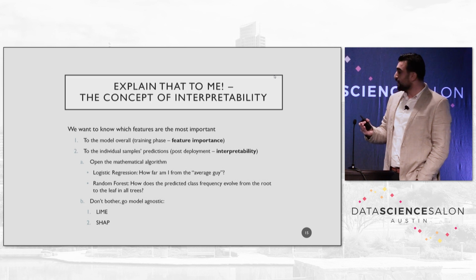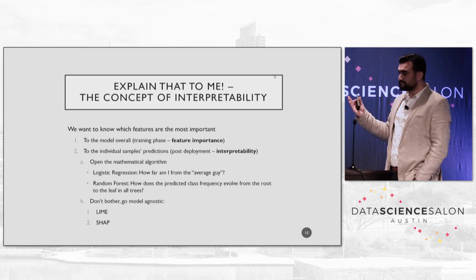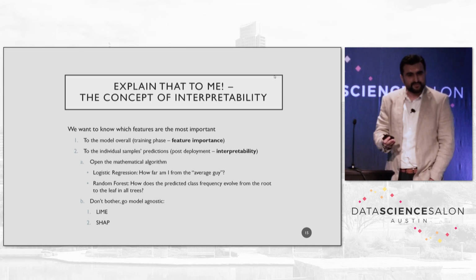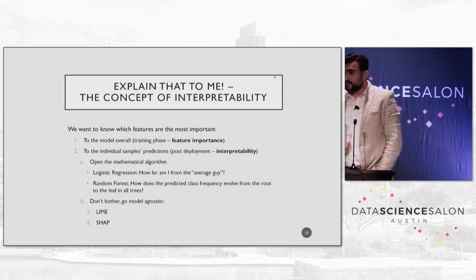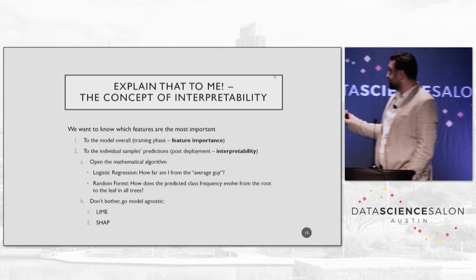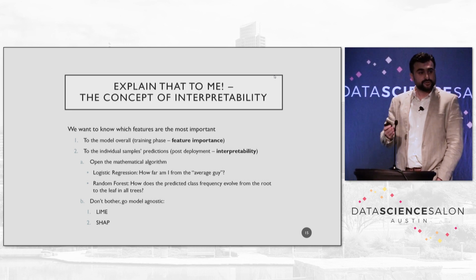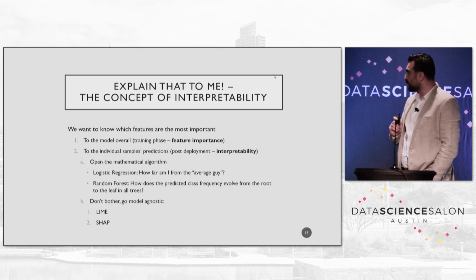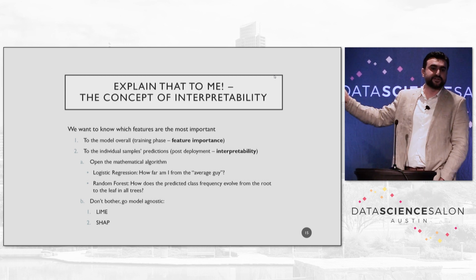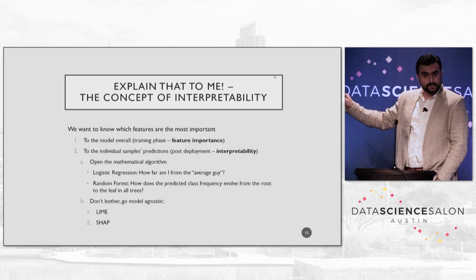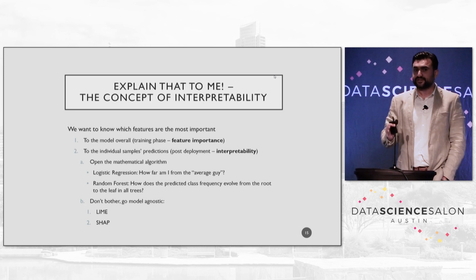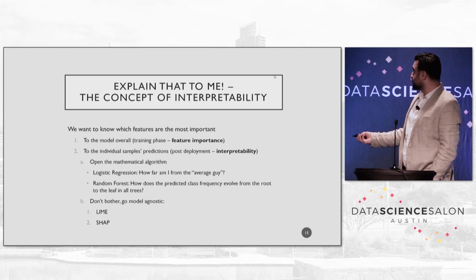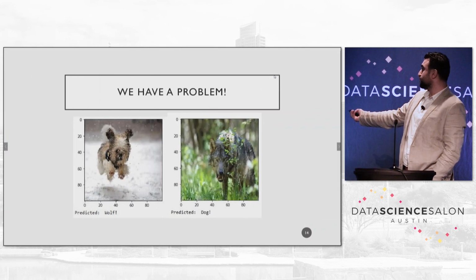This tells us a story about the training phase, which attributes were the most useful. This is the feature importance or attribute relevance analysis or whatever you want to call it, right? This is not what we're interested in. We don't really care about this. We care about the importance of attributes that caused this failure over here.